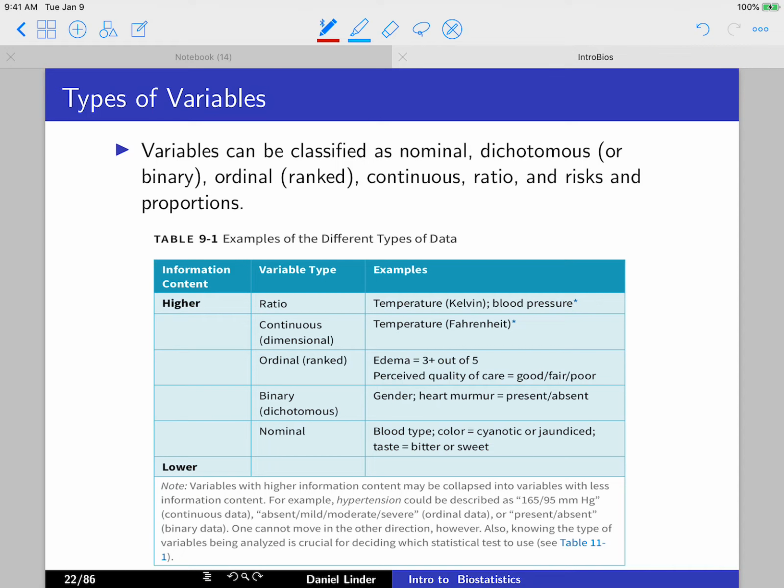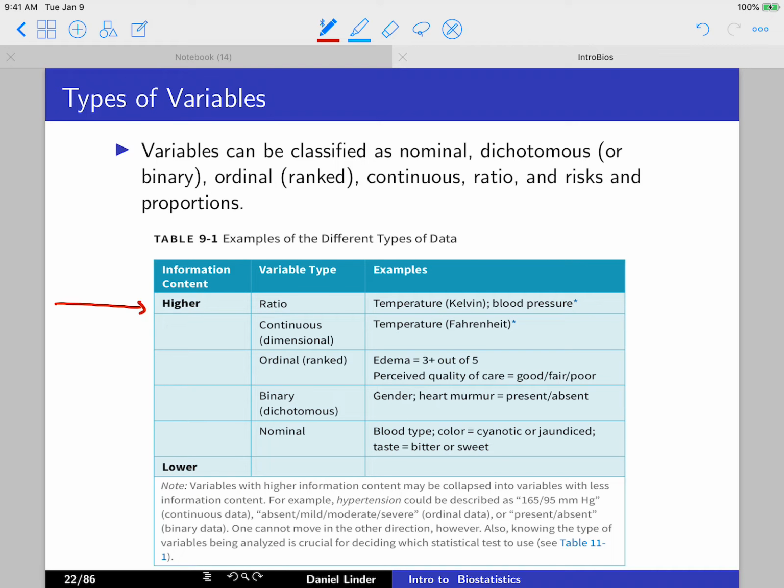And finally, the type of variable with the highest information content would be the ratio variable. Essentially a ratio variable is a continuous variable, but the difference is a ratio variable has an absolute zero. So it essentially has a base point or a starting point.